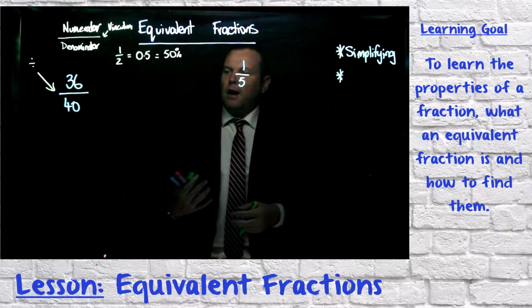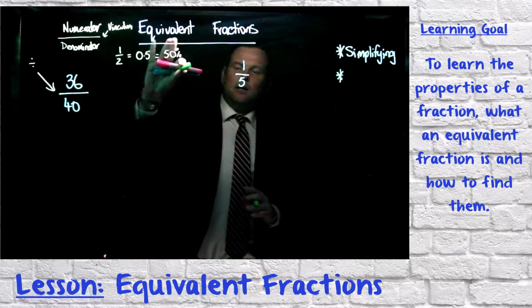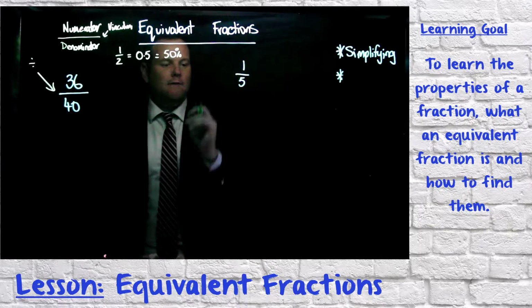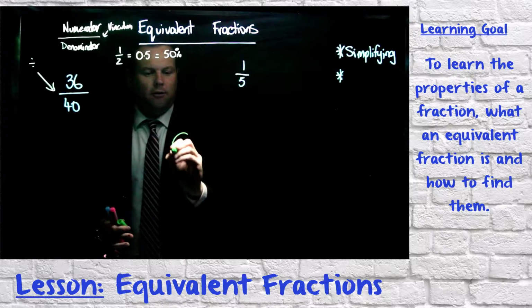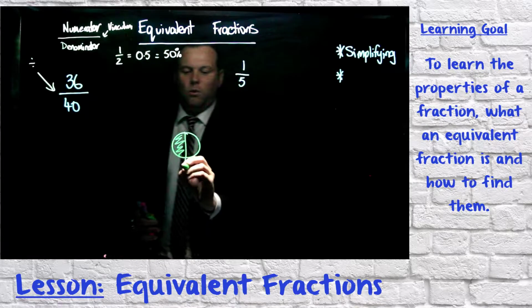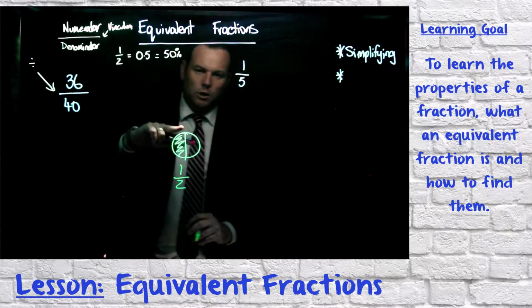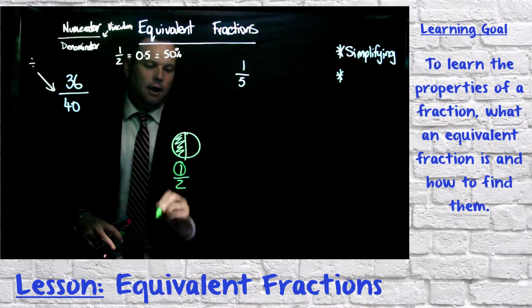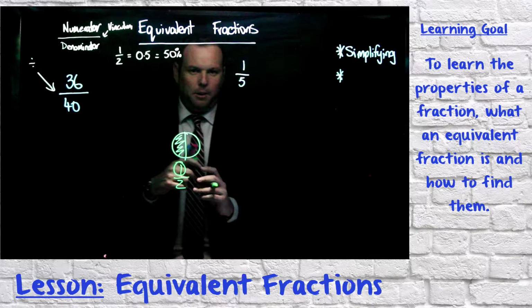So when we look at fractions, firstly, what we need to know is this thing called equivalence. So we can have equivalent fractions. Let's just say I've got 1/2, that equals 1 over 2. So we have one part, which is the numerator, in a section that allows for two parts.